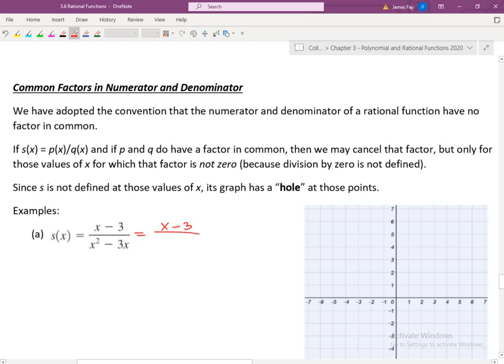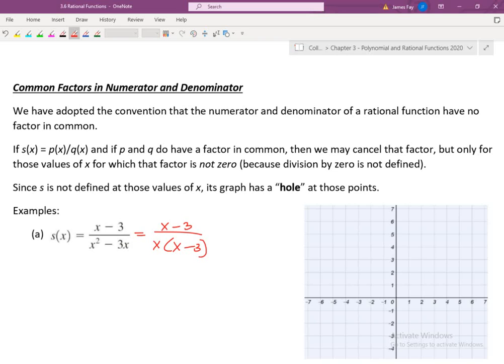What happens when I evaluate this at like 3.1, 3.01, 3.001, 3.0001, or at 2.9, 2.99, 2.999, 2.9999? If I evaluate at those values, we do not see the y values darting off to positive infinity or negative infinity like we do with asymptotes.